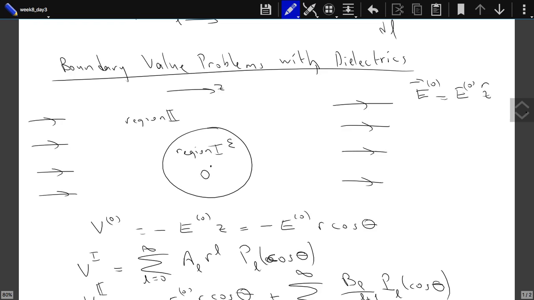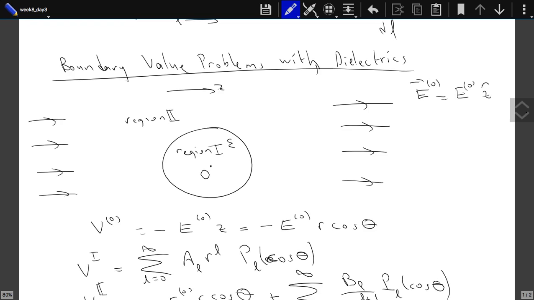Constant? What is constant? Well, we don't know whether the displacement field is constant or not. This is the electric field. Electric field far away from my sphere is constant, but the sphere will modify the electric field, and hence the electric field will not be a constant.